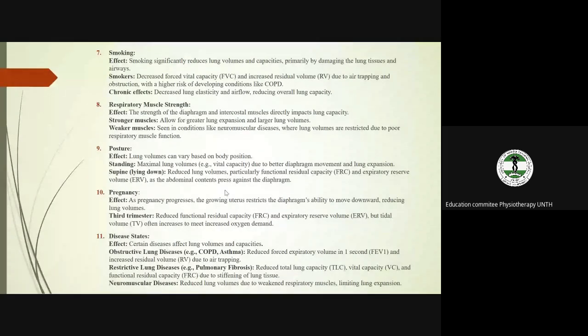Then environmental factors like air quality and exposure to pollutants can impact lung function. Pollution and allergy, chronic exposure leads to inflammation and narrowing of the airway, reducing capacity over time.